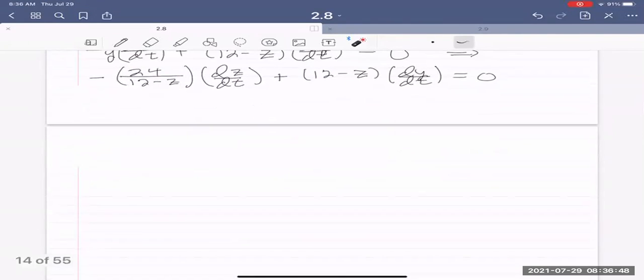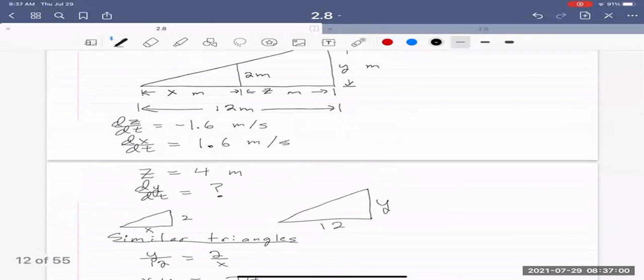So z is 4. dz dt is a negative 1.6, which is 16 over 10, 8 over 5.